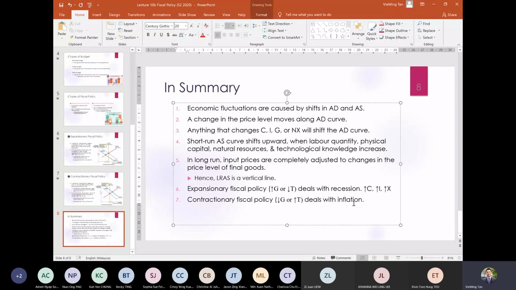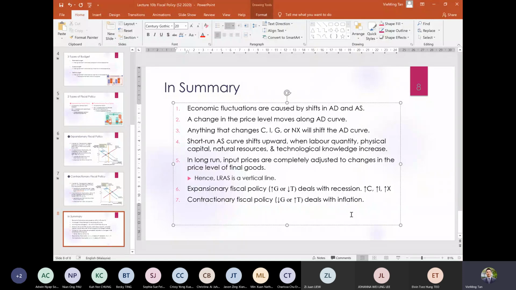Also, this can reduce the export of the country. If the inflation is higher, the price of the products is high, and the foreigners are not willing to buy the products from local as well because it's too expensive now. So this can also reduce the export of the country.